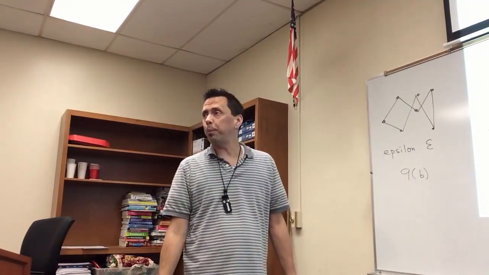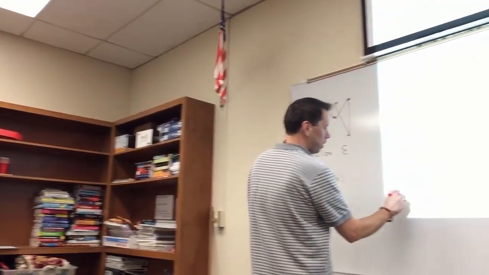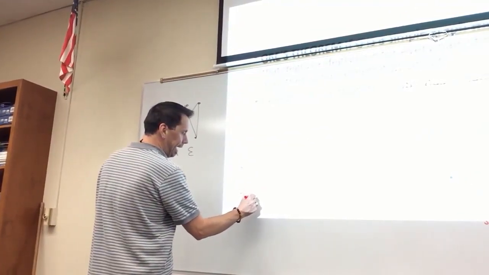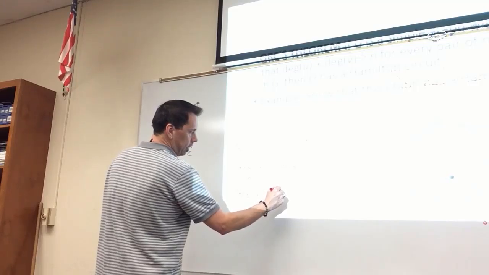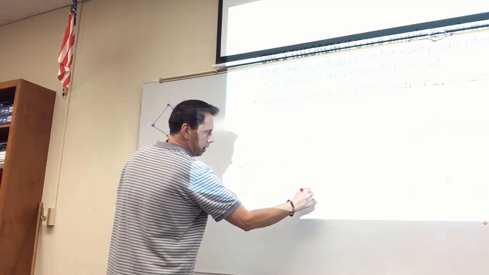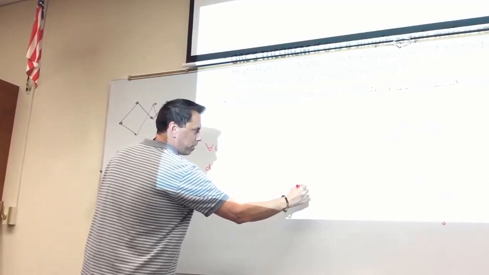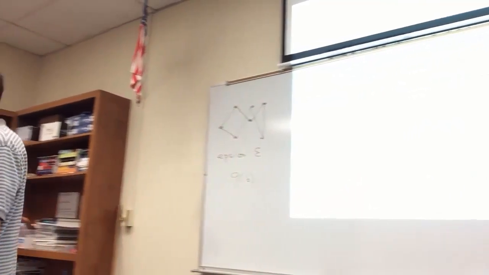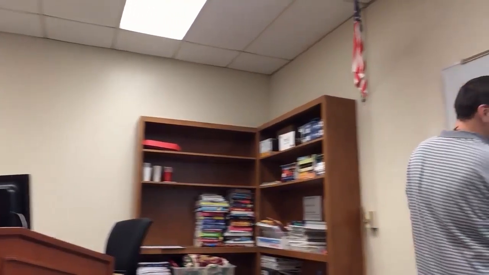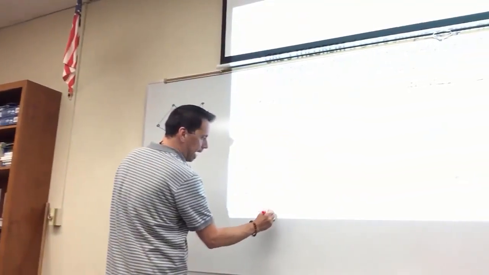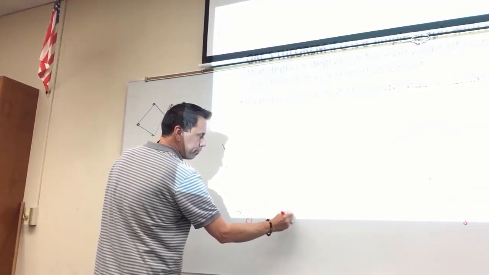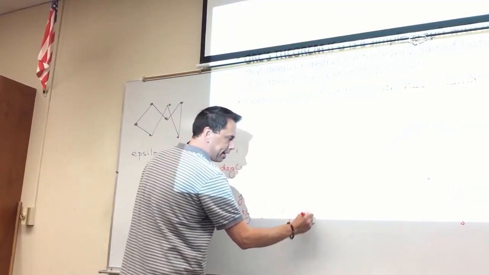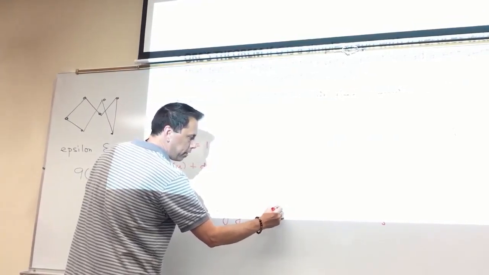And then if you don't pick vertex U, for all i and j, the degree of V sub i plus the degree of V sub j is exactly 6, which is greater than or equal to 5.